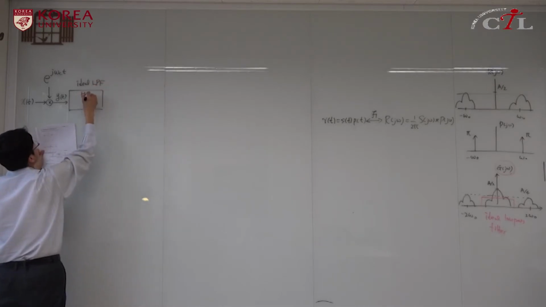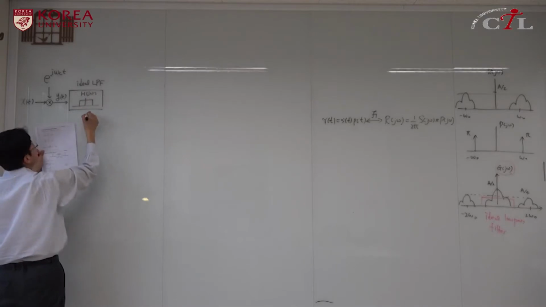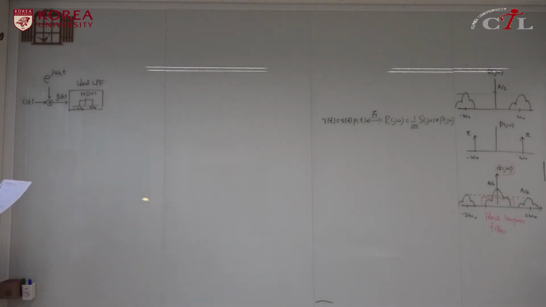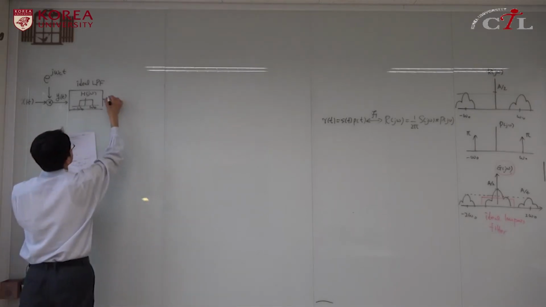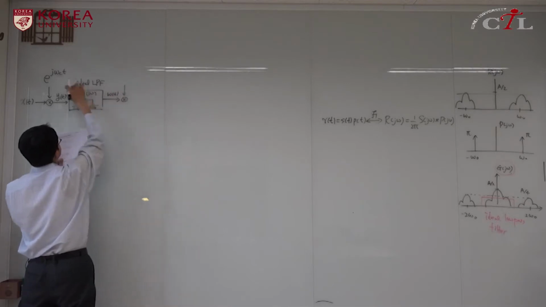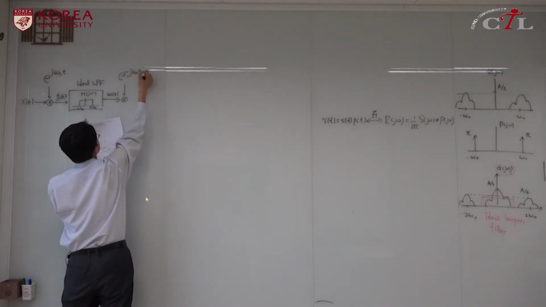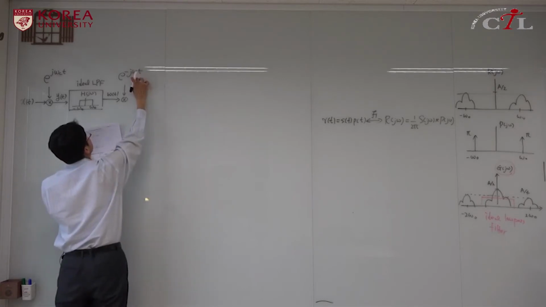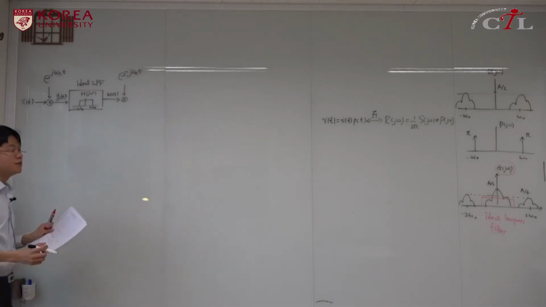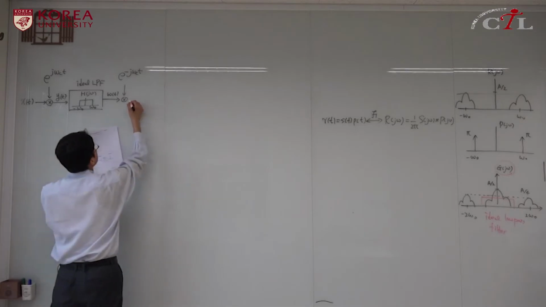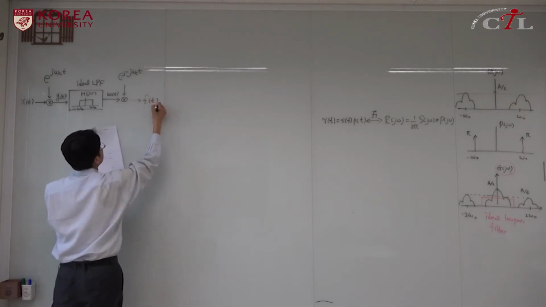So I put H(jω) in a way that has a bandwidth from ω0 to minus ω0. Then its output is w(t). Here I multiply again by the same signal with minus sign, e^{-jωc t}, center frequency. Then I get my final output, f(t).